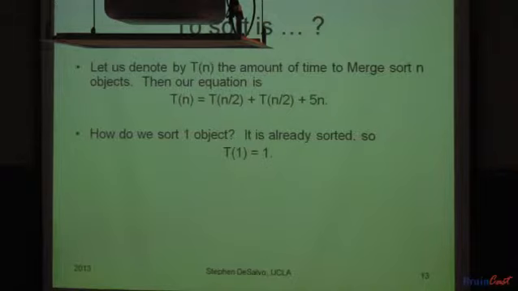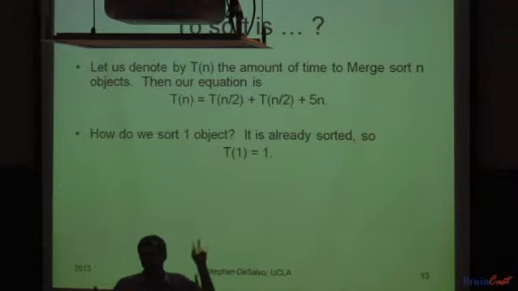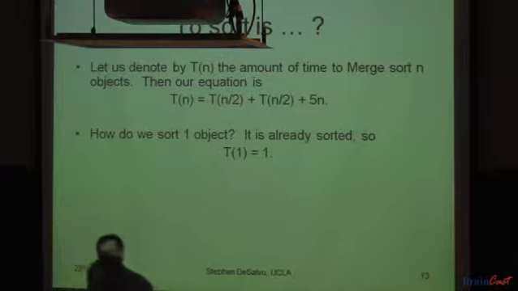So T of 1 equals 1. It takes a constant amount of time to check the size. If it's 1, you're done. So to sort a collection of one object takes one operation. This is your base case. Remember that stuff plus stuff and then it goes to nuff? That's your nuff. So T of 1 is 1.